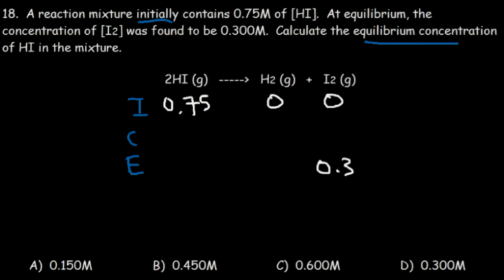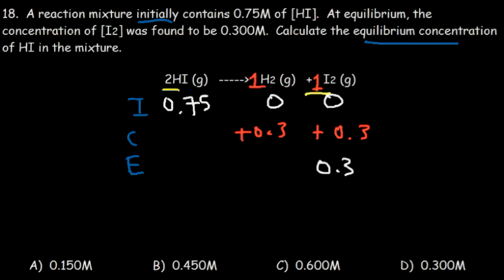So if we add the missing values, that means that iodine, if it went from 0 to 0.3, it increased by 0.3. And that means hydrogen gas must also increase by 0.3 because those two are in a 1-to-1 ratio. Now, if we look at iodine and HI, notice that it's a 1-to-2 ratio. So for every mole of iodine that's produced, 2 moles of HI reacts.